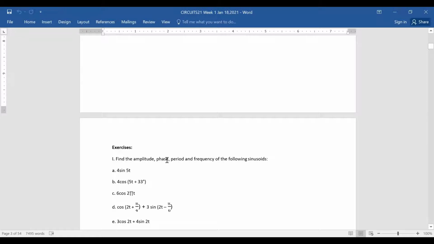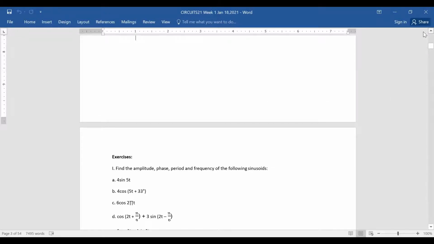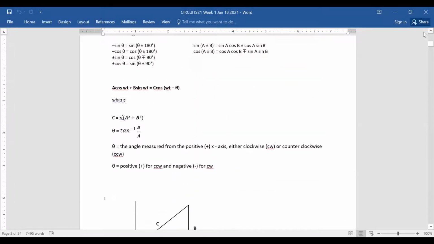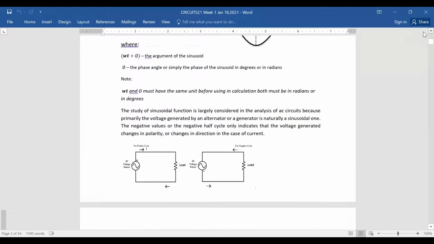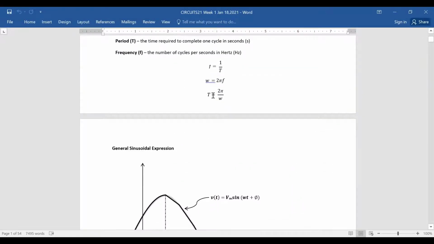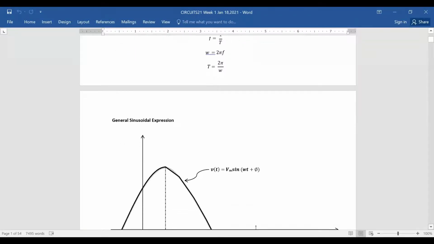Then next, what is the phase? There's no angle here, so it is automatic that the phase angle is 0. How about the period? The period T, from the formula, is 2 pi over W. The 2 pi there is constant.